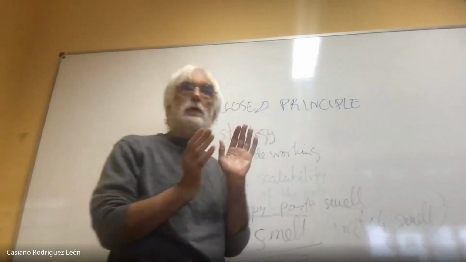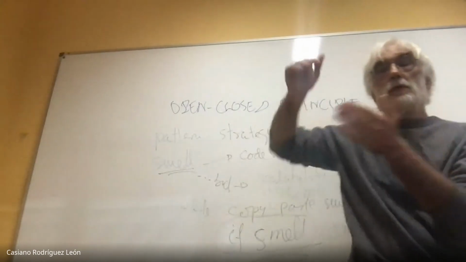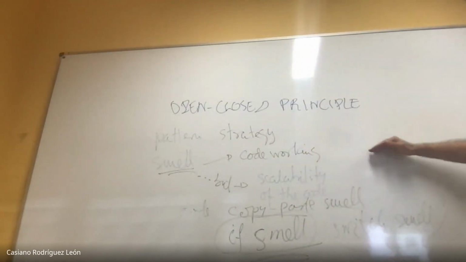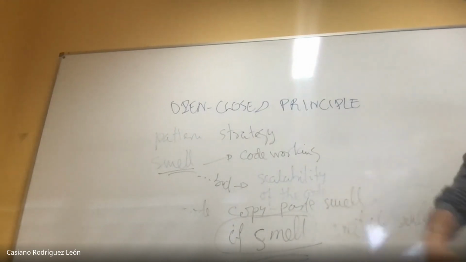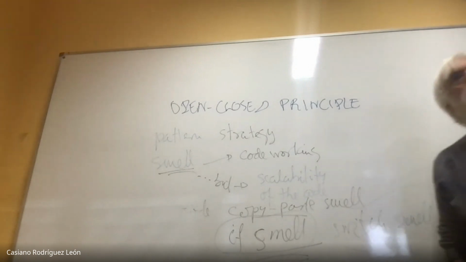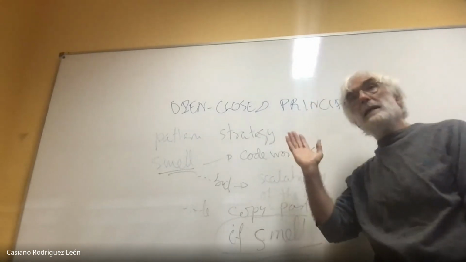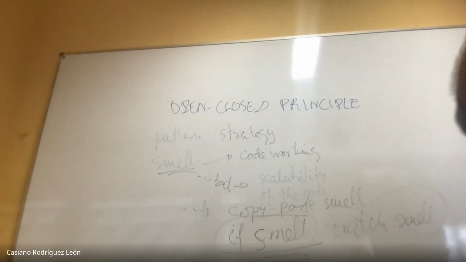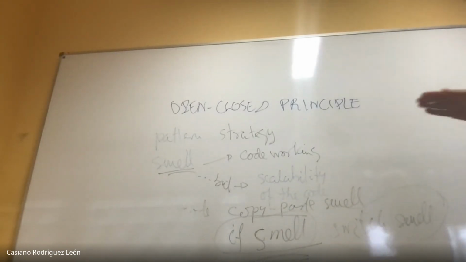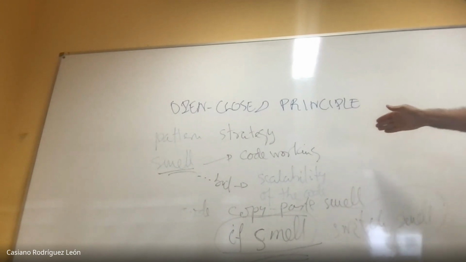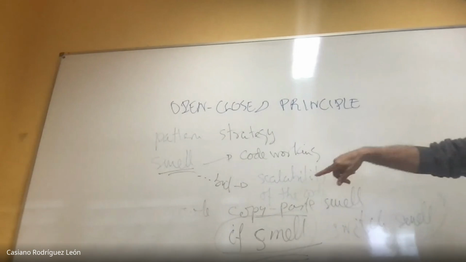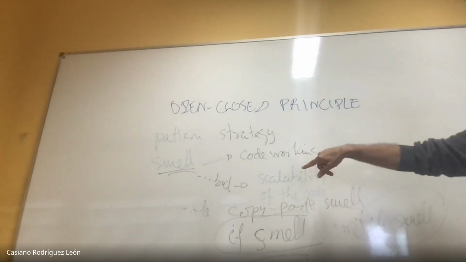Now I have to go to the code to find the file and go to the if else if and put another else if. Do you agree? And then we are extending the code. This code was open for extension. Yes, but we modified the code, so we have violated the principle, because it has to be closed.